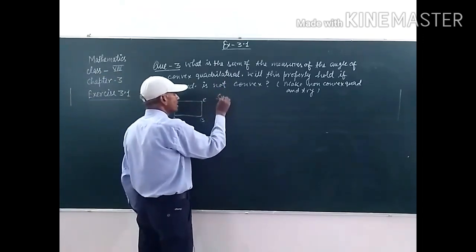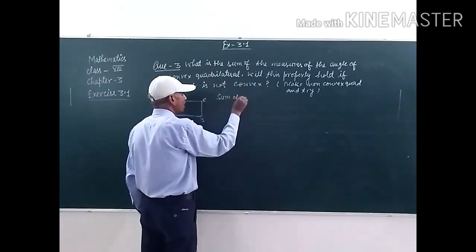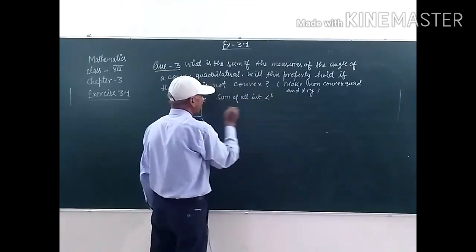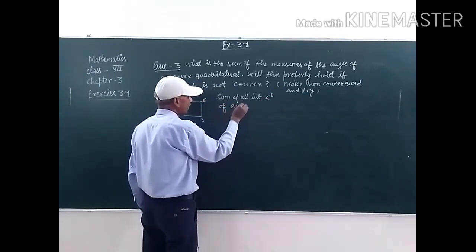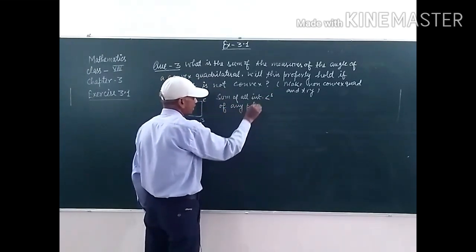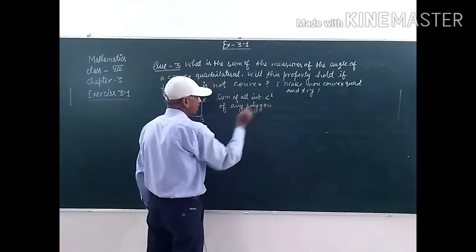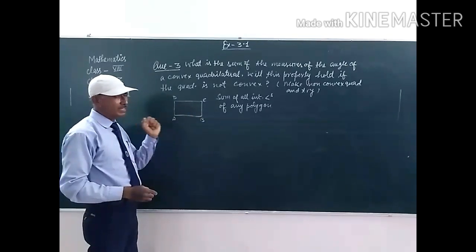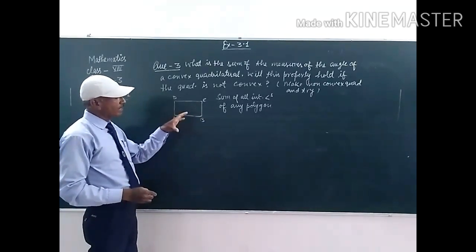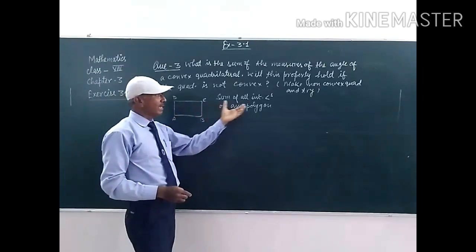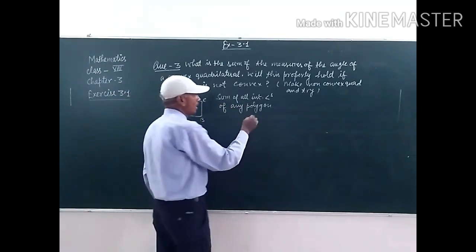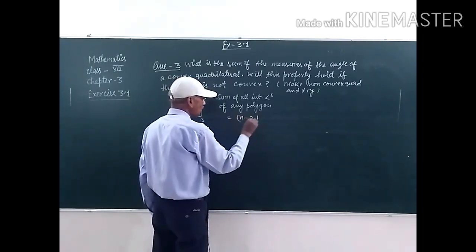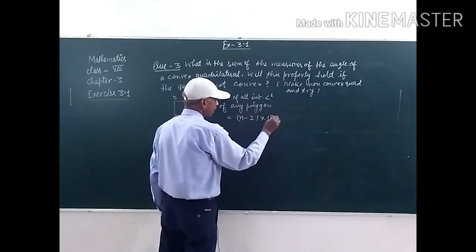So the sum of all interior angles of any polygon. We are finding the sum of interior angles of a quadrilateral, student, but we can find the sum of interior angles of any polygon using this formula: (n minus 2) into 180.